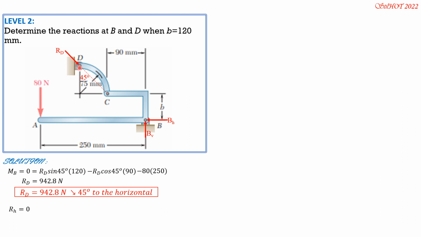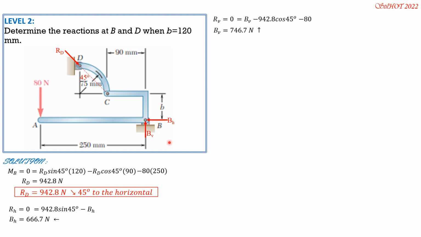So we have RD, 942.8 sine of 45 degrees, the horizontal component rightward, minus BH equals 0. So BH is equal to 666.7 newtons leftward. Then R vertical equals 0. So we have B sub V minus RD 942.8 cosine of 45 degrees, the vertical component, minus 80. So the vertical component of reaction at B is 746.7 newtons upward.